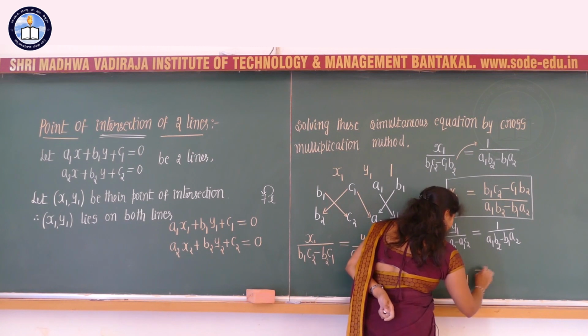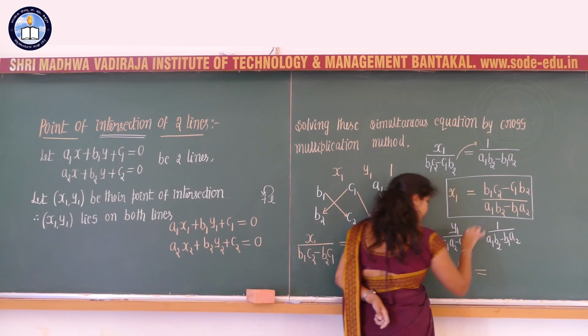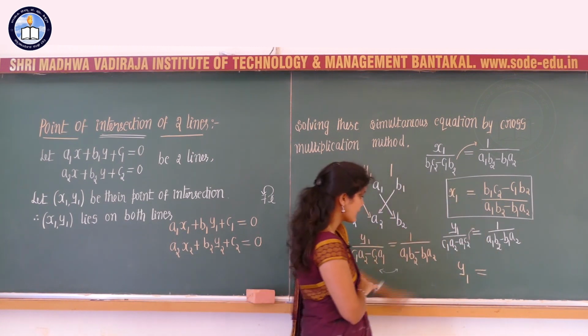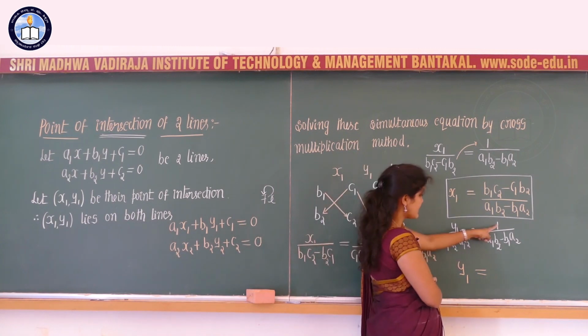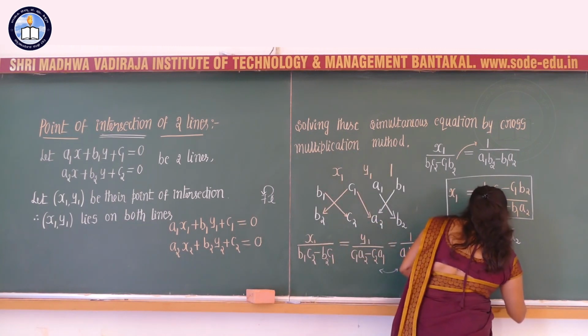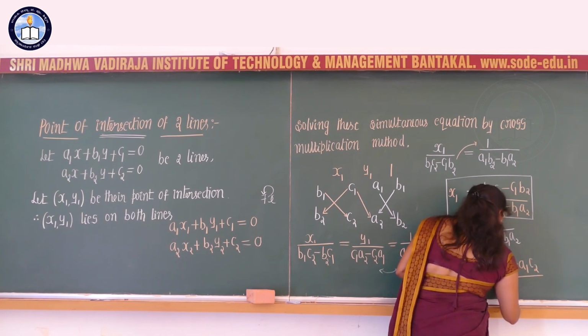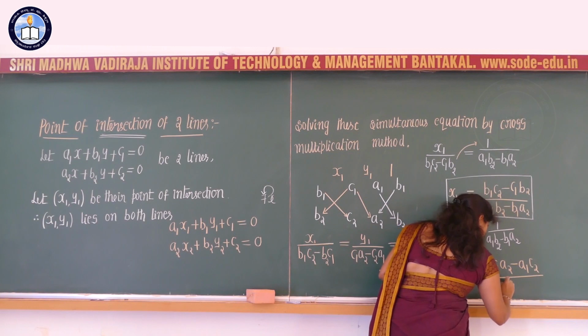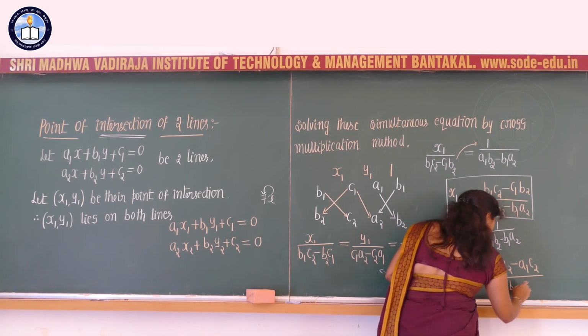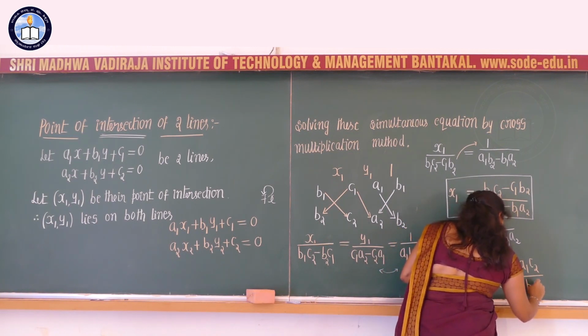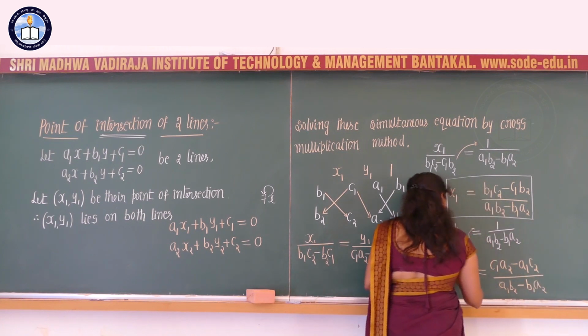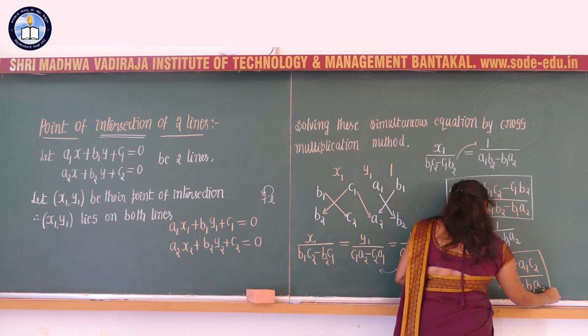Taking the denominator to the RHS, y1 is equal to c1 a2 minus a1 c2 whole divided by a1 into b2 minus b1 into a2.